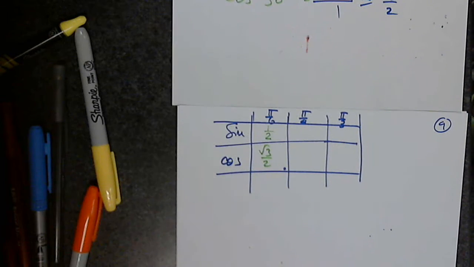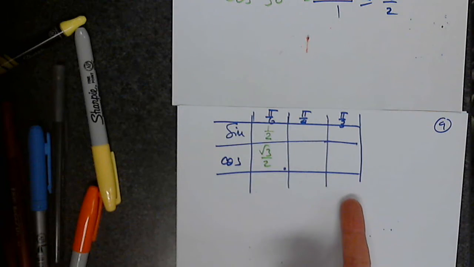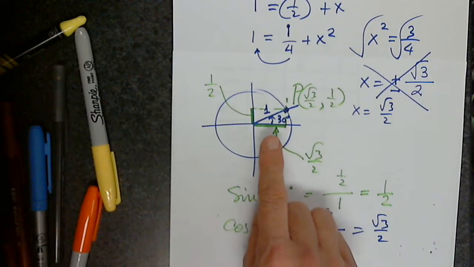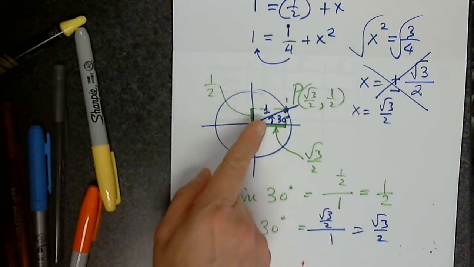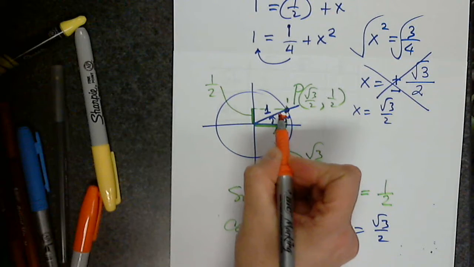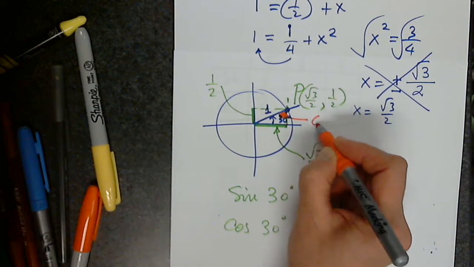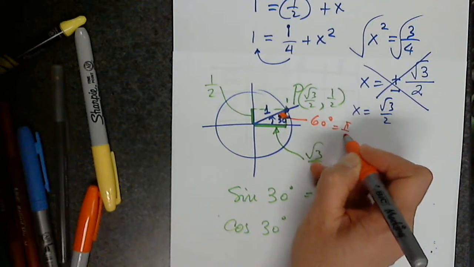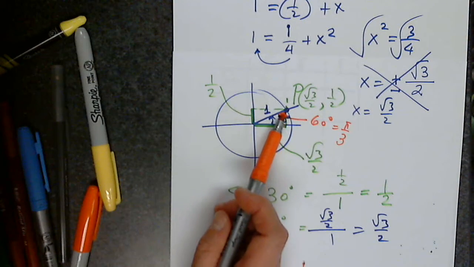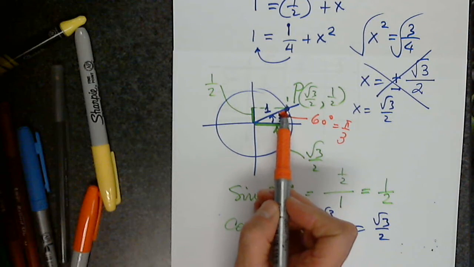Now what do you think I'm going to do? Pi over 4 and then pi over 3. Before I do pi over 4, I want to draw your attention back to the same right triangle. If this is 30 degrees, can anyone tell us what this angle is? Good. So since 60 is also pi over 3, can anyone give us the sine of pi over 3? How do I determine the sine of this angle?